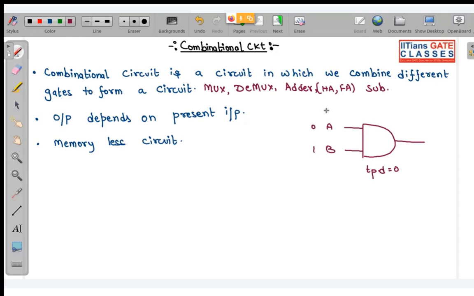If I apply this input at t equal to 0, then immediately my output will be also 0 at t equal to 0. Now assume at t equal to 1 second, I am applying both the inputs at 1. So immediately at t equal to 1 second, your output will jump from 0 to 1.